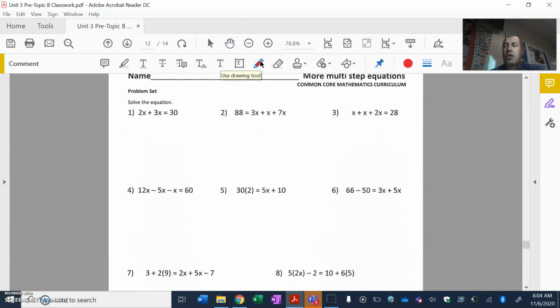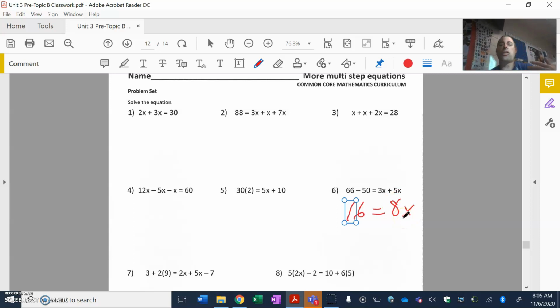Question number 6. The big thing here is to simplify, which is the combining of like terms. We've got the equal sign, a left-hand side, and a right-hand side, and we want to see if we can clean anything up first. Sure enough, in question number 6, 66 minus 50 is 16. On the right-hand side, 3x plus 5x are like terms, so that's an 8x.